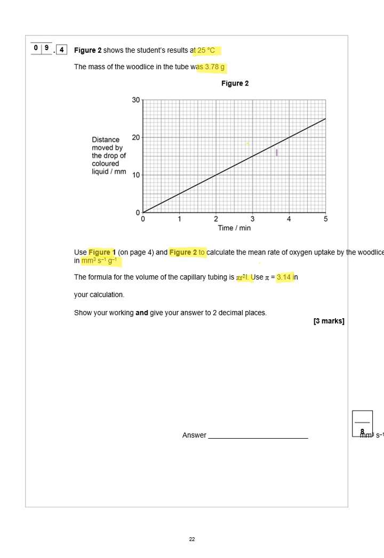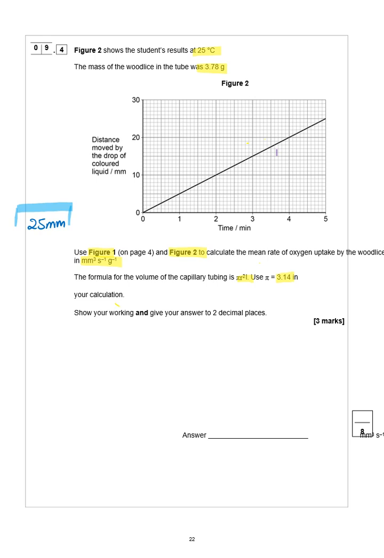So the first thing is I need to know how much the drop of liquid is actually moved. Now in the previous bit, I did say you could use the ruler and determine that the liquid had moved 25 millimeters. Same principle over here. It tells us that we did the experiment for 5 minutes.